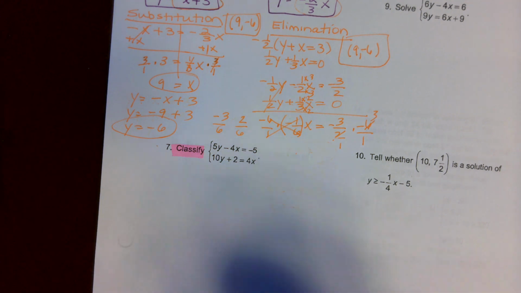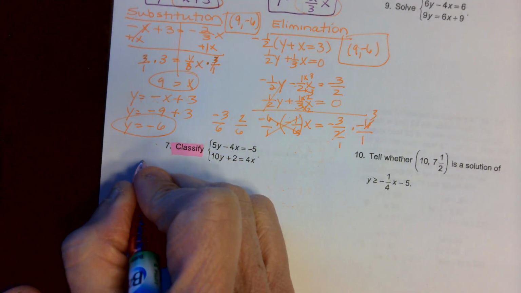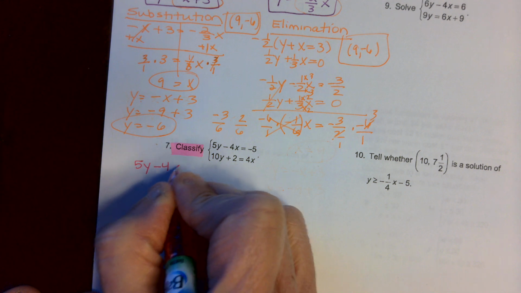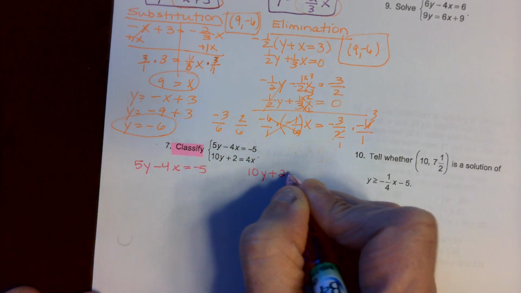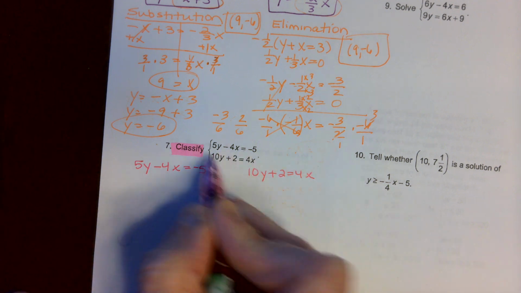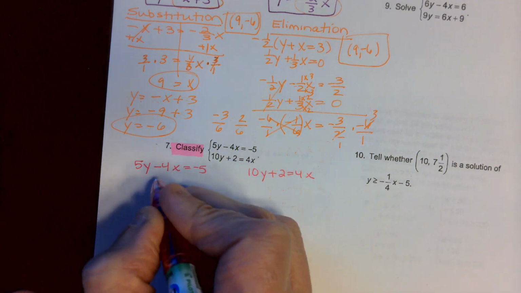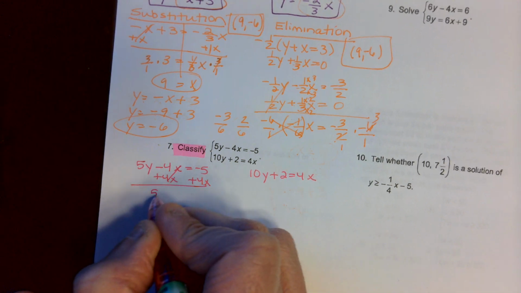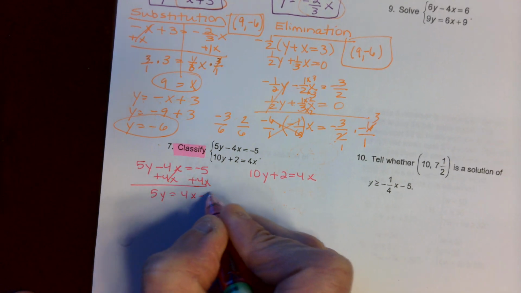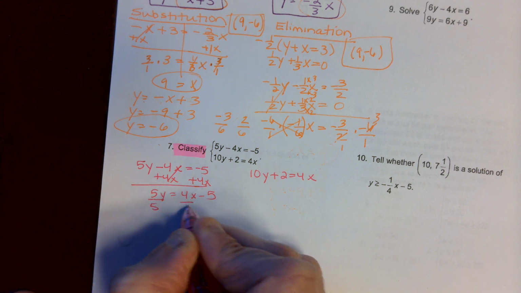Solve for y. Gotta be able to solve for y. I'm just going to rewrite them and work down so I don't make little mistakes because I'm crunching it all in there. Divide every term by 5.